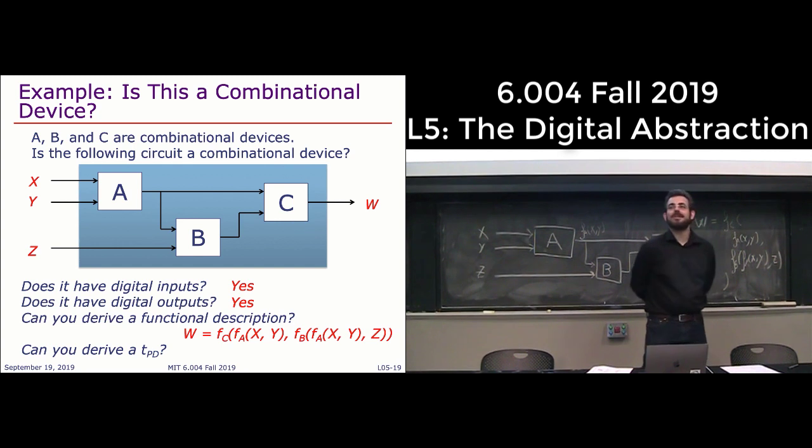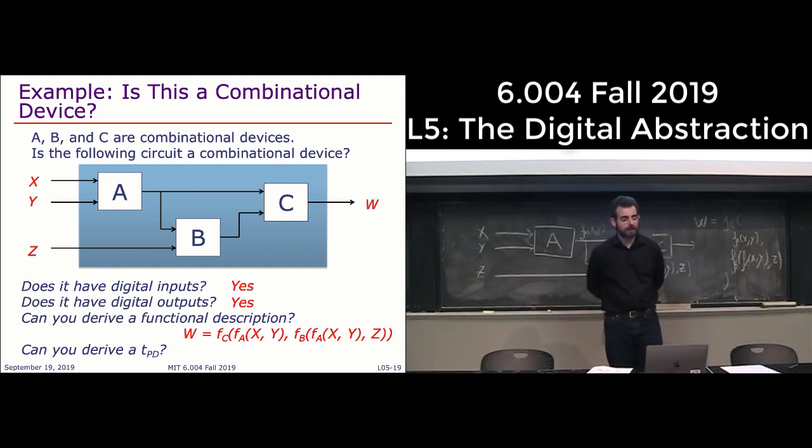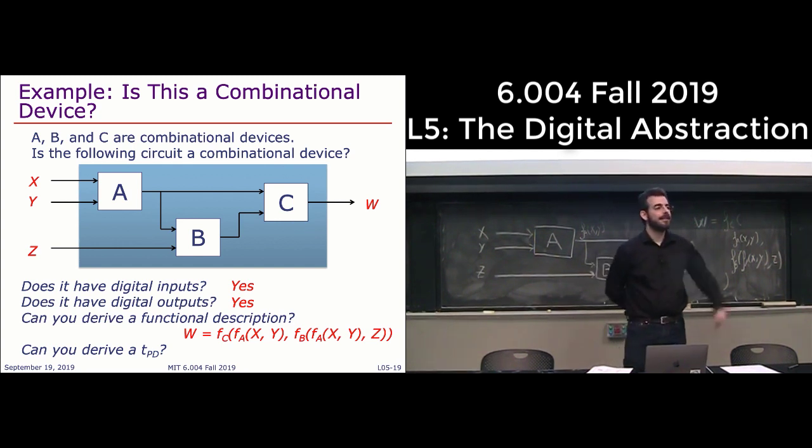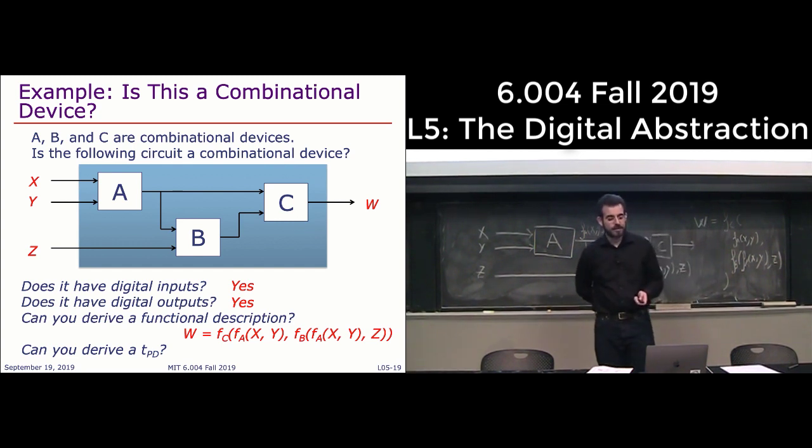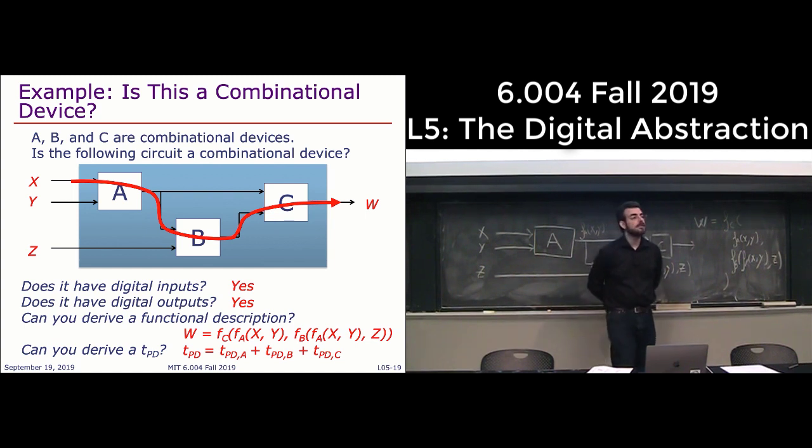How would you compute the propagation delay of the whole thing? Yes? Sum the delays across each element. Exactly. So in this case, you have to find the longest path, which we call the critical path of the circuit, which is from A to B to C. And so in this case, it's just the sum of the propagation delays.